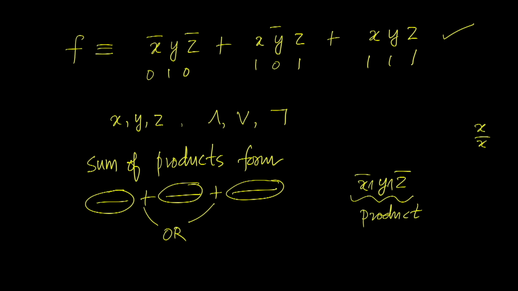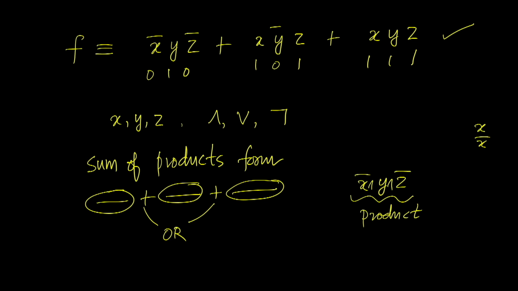So looking at the truth table, we can write the sum of products form of the Boolean function in this manner. So this we can extend to any truth table. Given an n variable Boolean function's truth table, we can identify the rows in which the Boolean function becomes 1. Then corresponding to these rows, we can form conjunctions like this. So in this case, there are 3 rows corresponding to 0, 1, 0, 1, 0, 1 and 1, 1, 1. So they can be translated into product forms like this: x bar, y, z bar, x, y bar, z, x, y, z.